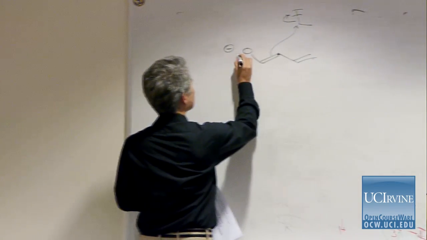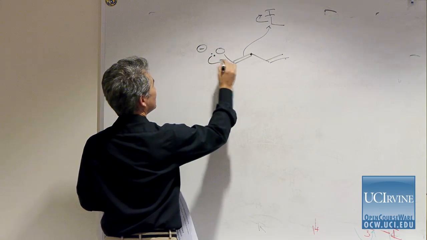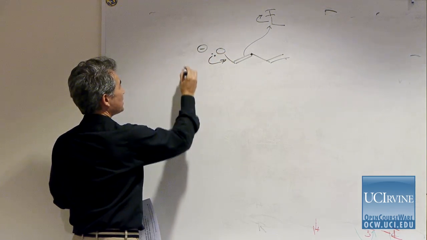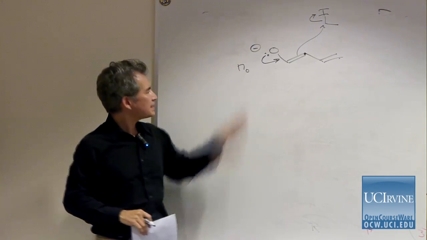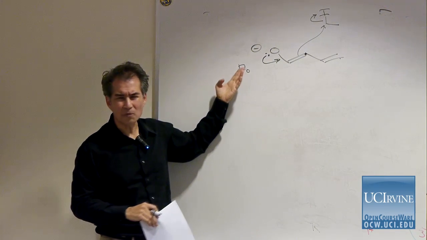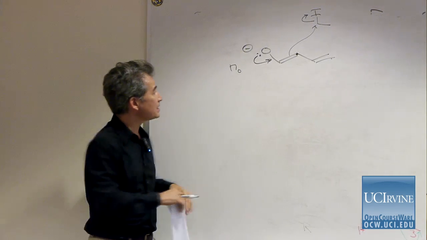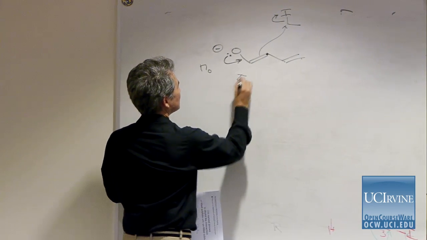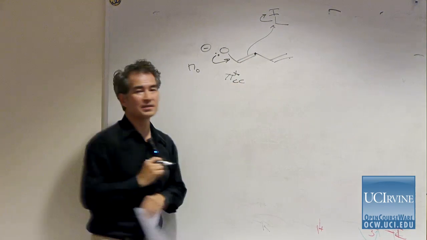When I draw this out, I can think about the structure of an enolate as being the result of the interaction of this non-bonding orbital on oxygen. We have a label that we give it: an italic n, which basically means lone pair, non-bonding orbital, centered on oxygen. And it's donating into pi star. So there's an unfilled orbital here, called a pi star orbital, between two carbons.